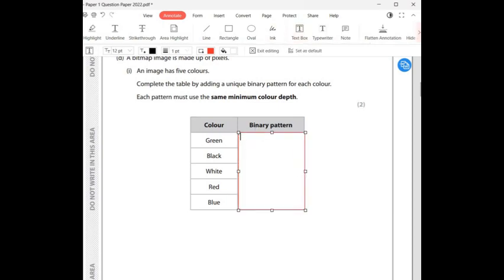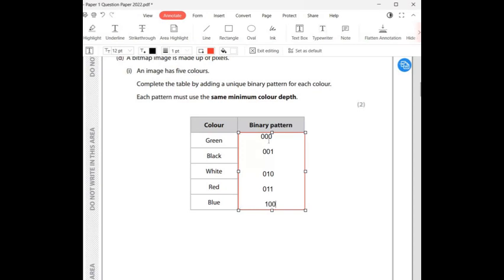So for green, it's going to be 0, 0, 0. For black, it's going to be 0, 0, 1. For white, it's going to be 0, 1, 0. For red, then we're going to have 0, 1, 1. Then for blue, it's going to be 1, 0, 0.